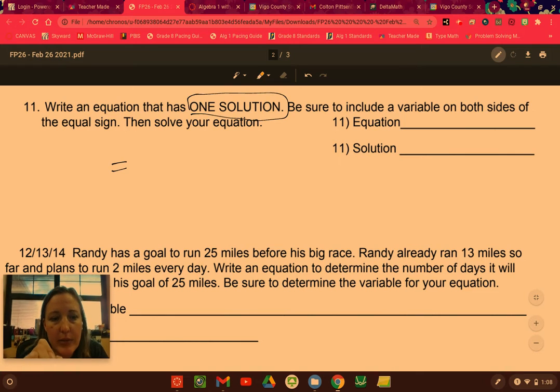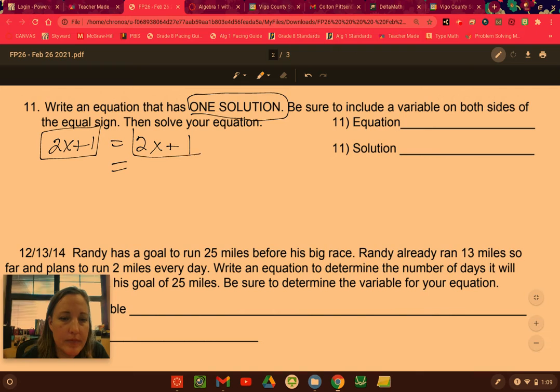Now, if I put the same thing on each side of the equal sign, like 2x plus 1 equals 2x plus 1, I have a variable on both sides, right? But I'm not going to get one solution. When the expressions are exactly the same, then I'm going to have infinite solutions, right? So I can't do that.